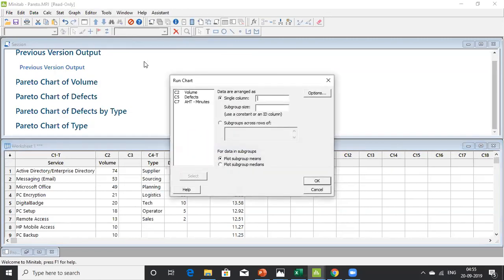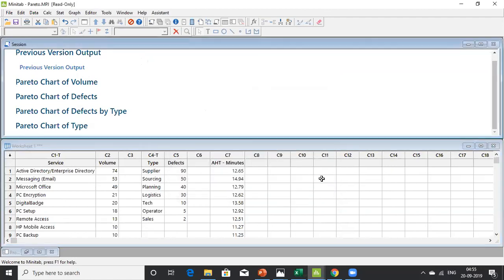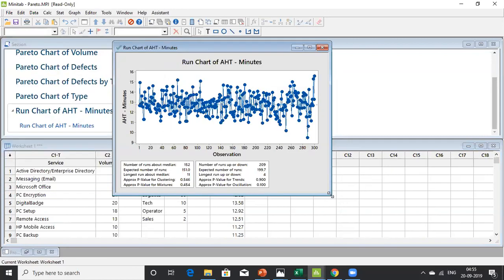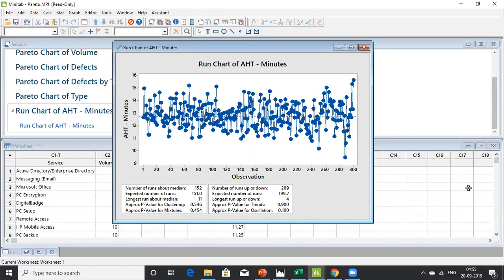This can be done on a time series also. So I select minutes, and then subgroup size, let me assume just one for now. Click OK. Now this is what I get. And this is called a run chart. So this is a central tendency, let's say, so close to 13, right?